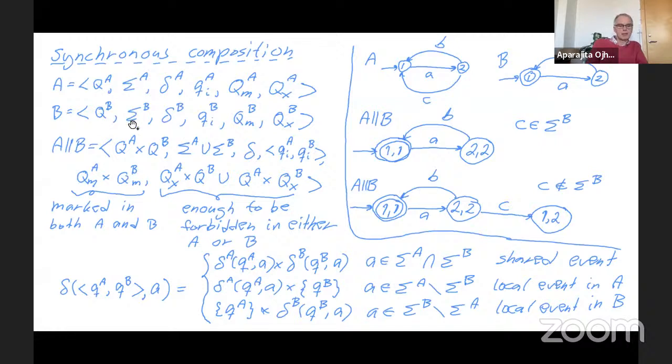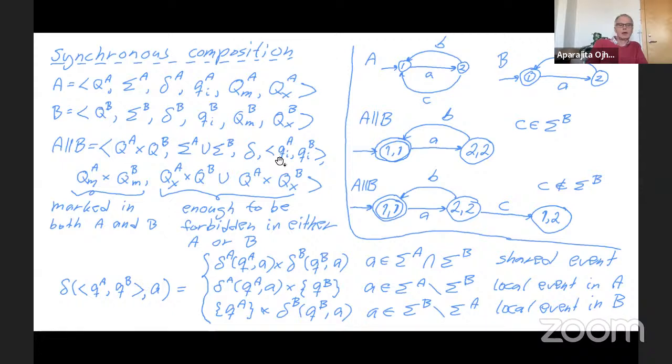The event sets, there you take the union between the two. So the event set in the synchronous composition of A and B includes all events in A and in B. The transition function is a bit complicated, which comes later, so I will wait with that.